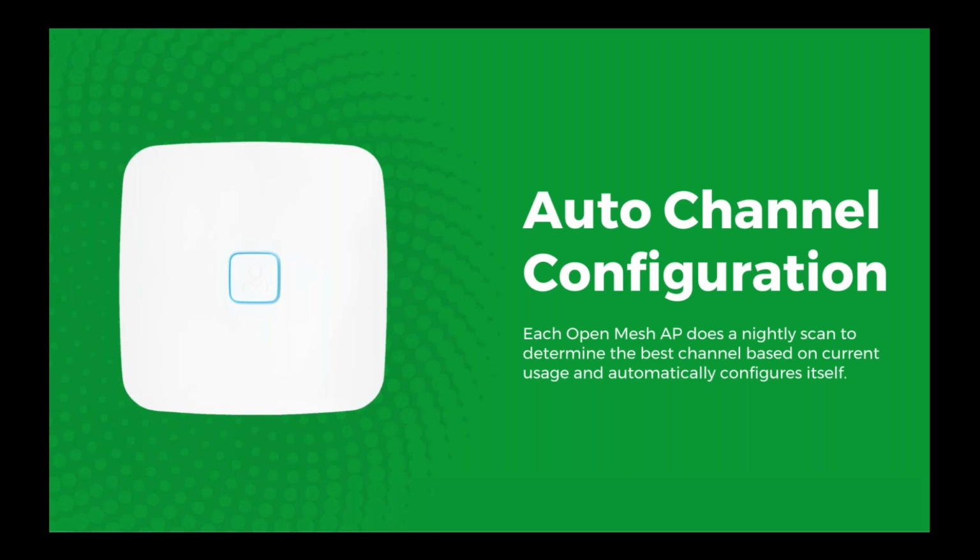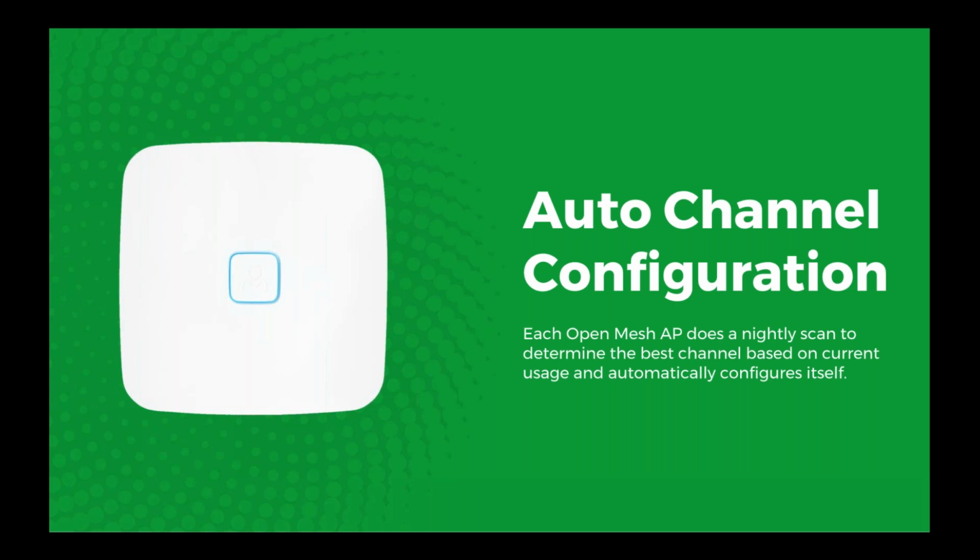And now you don't necessarily have to worry about setting up your channel assignments manually, because thankfully we have an auto channel configuration here. So each Open Mesh access point does a nightly scan to determine the best channel based on the current usage, and then it will automatically configure itself.